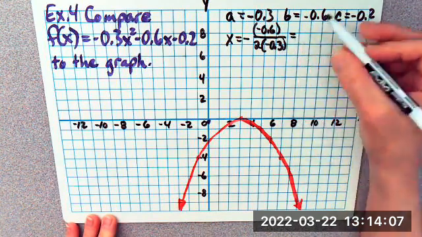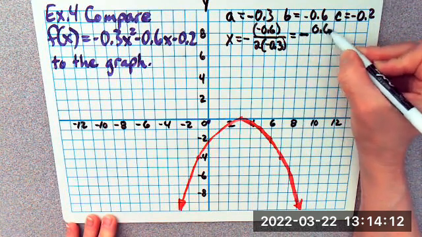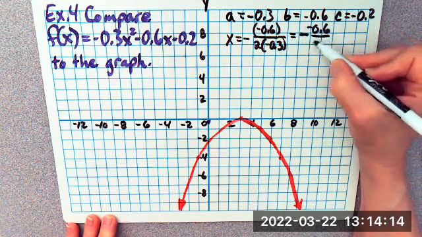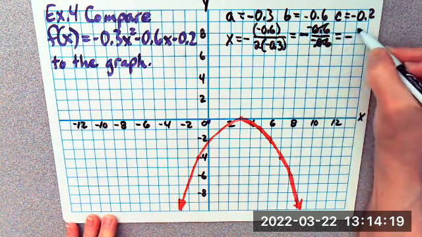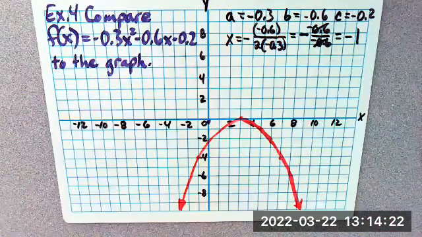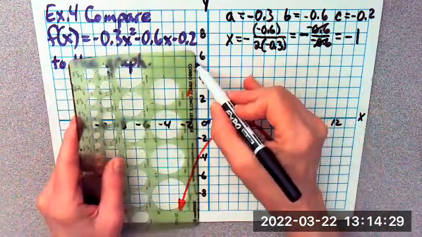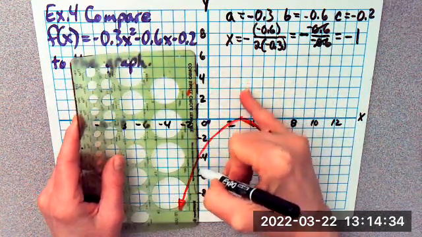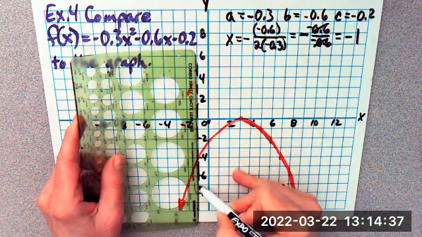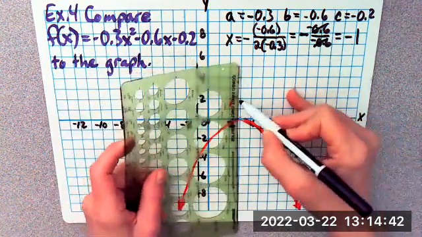So this ends up being negative 0.6 over negative 0.6. So this cancels as 1, so this just equals negative 1. Okay, so let's draw that axis of symmetry at negative 1. That's a lot of negatives. This axis of symmetry, by the way, is right here.